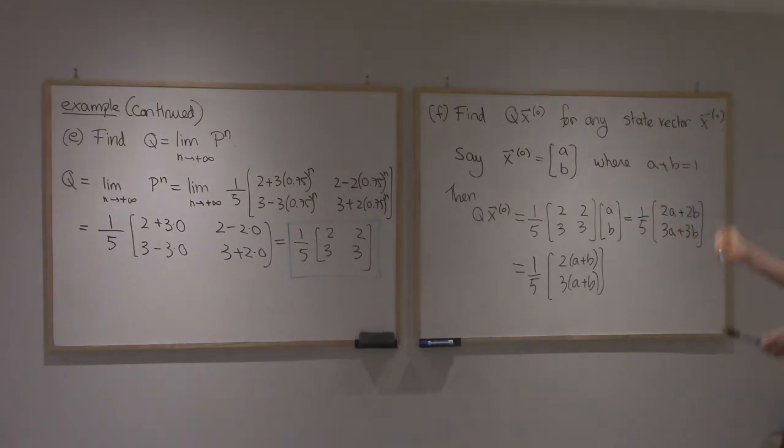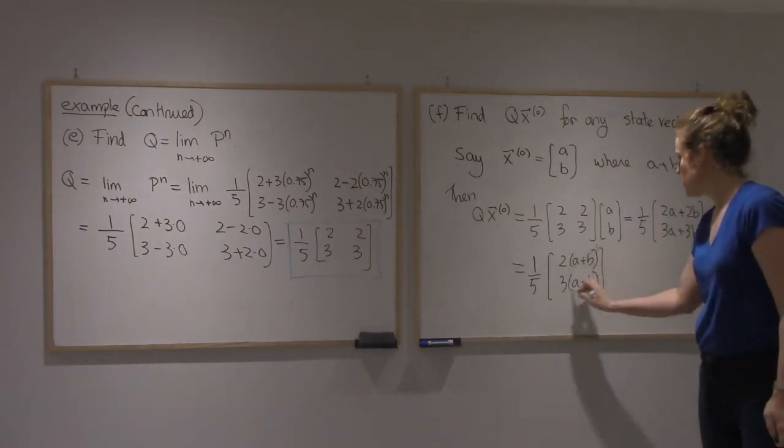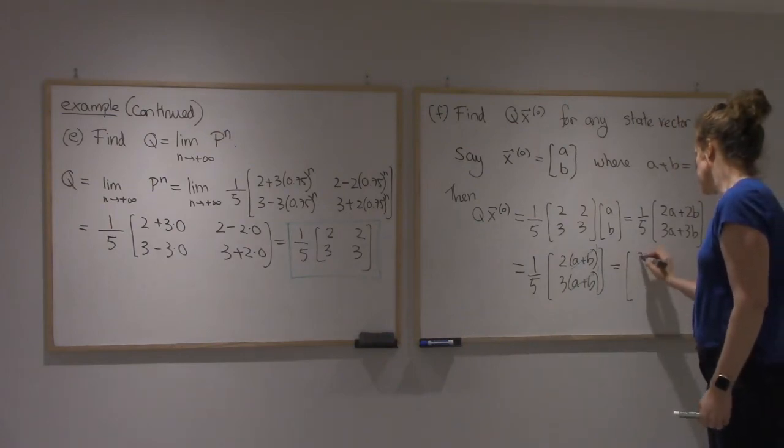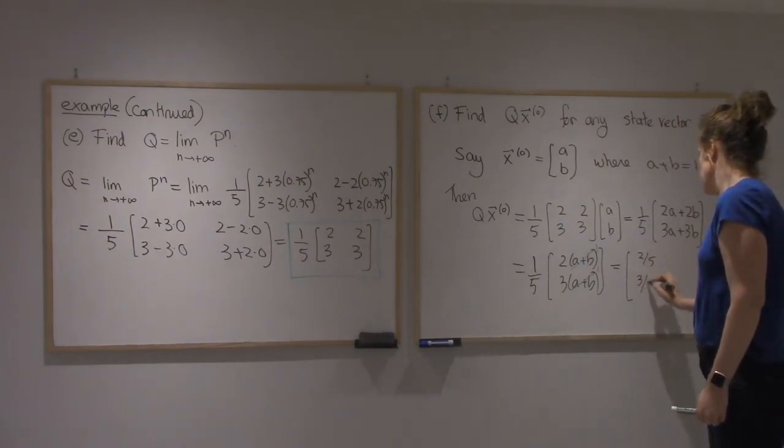Since we have a state vector, the sum is 1, and so I end up with 2 on 5, 3 on 5.